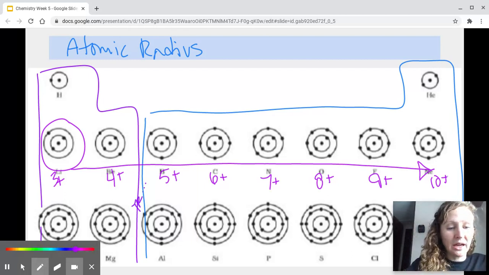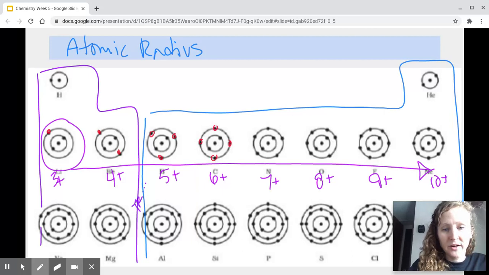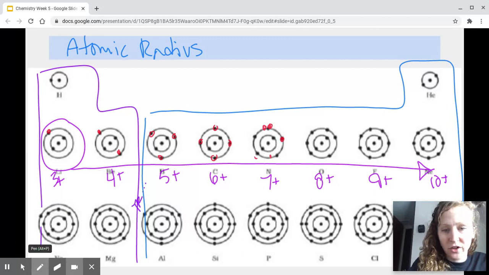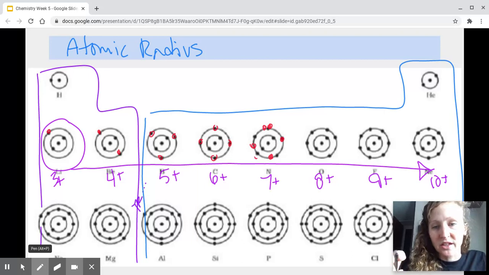Notice if I'm looking at my valence electrons, I have 1, 2, 3, 4, 5. Now, we wouldn't draw the electrons like they have drawn the electrons. We would have paired the electrons and drawn them something like this. But either way, there's 5.